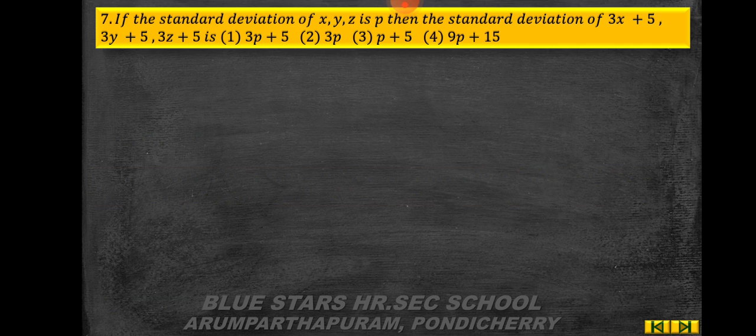Question number 7. If the standard deviation of x, y, z is p, then the standard deviation of 3x plus 5, 3y plus 5, 3z plus 5 is option 1, 3p plus 5, option 2, 3p, option 3, p plus 5, option 4, 9p plus 15.